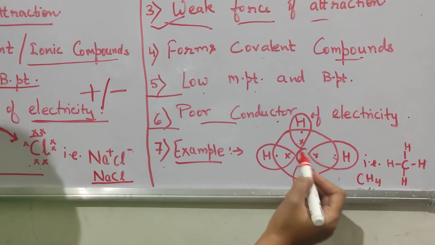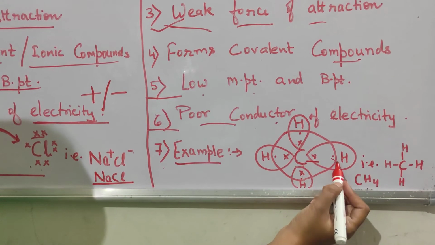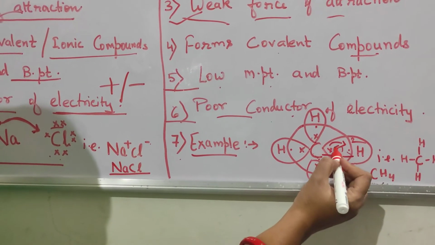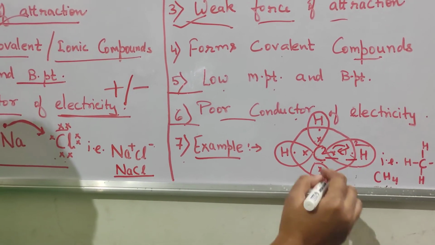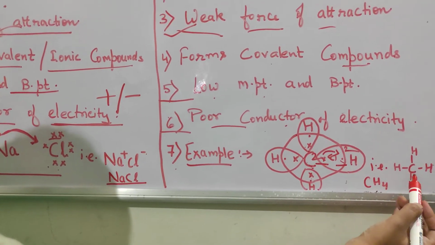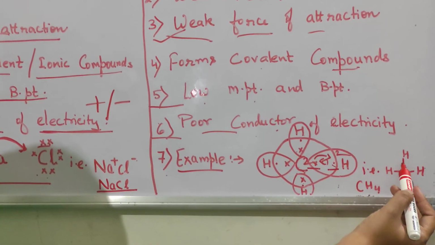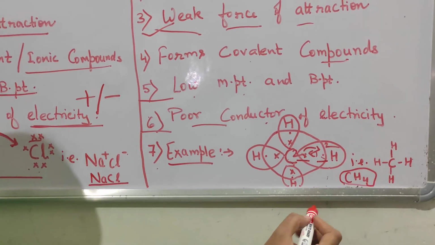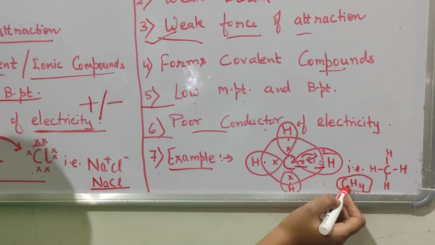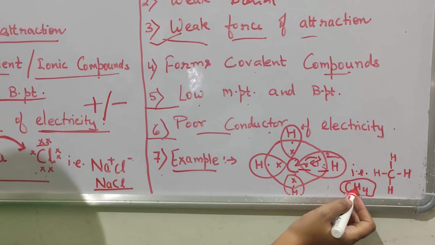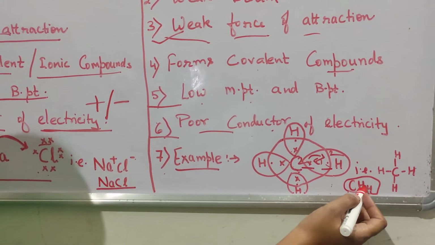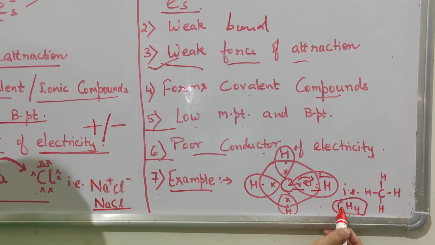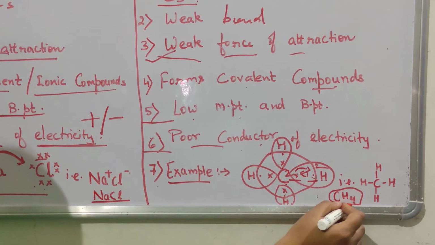Now after sharing, means one brother you take, I also need, this one went, for this it became 2, for this one it came, for this also 2, meaning with understanding how it is going on, and thus they will develop such type of a bond between them, and at the end the formula will be CH4, means one carbon atom is attached with 4 hydrogen atom, and they are combined with the covalent bond, and this is the formula for methane.